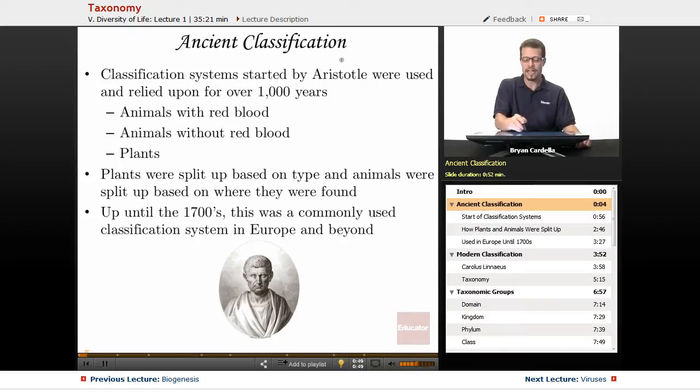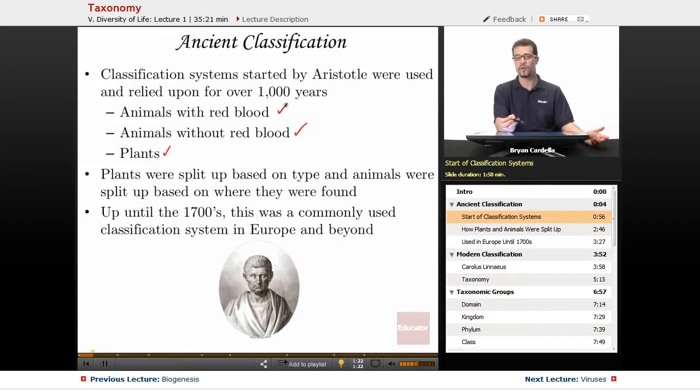Well, ancient classification, very, very old, as you would guess from the word ancient. So classification systems pertaining to life were started by Aristotle and were used and relied upon for over 1,000 years. A very long time. Aristotle had three main groups, and depending on the textbook you look in, there'll be slightly different phrasings of this, but I've seen this very often, that he talked about animals with red blood, animals without red blood, and then plants.